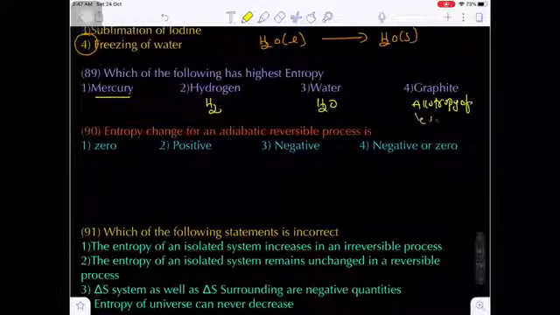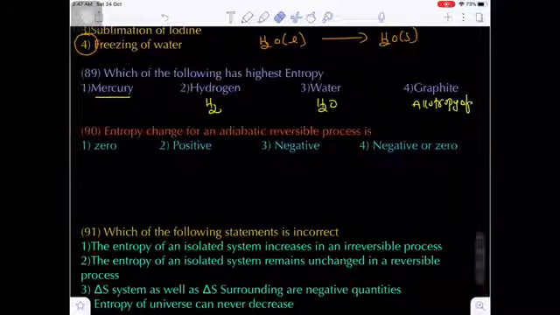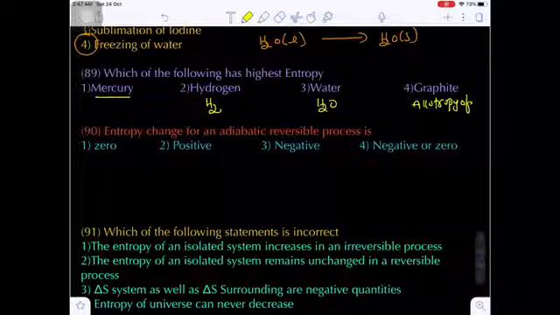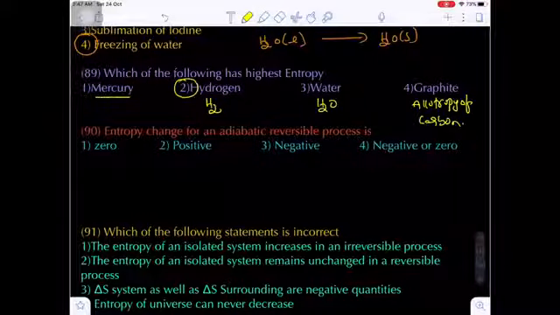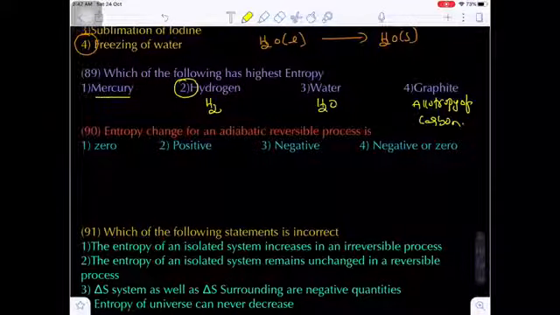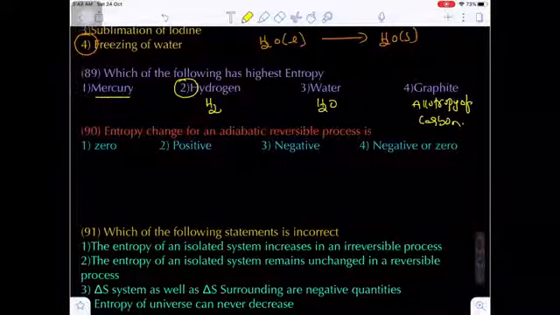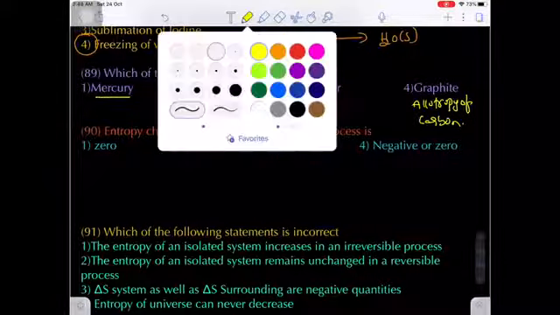Out of all these 4 options, which is a gaseous substance? That will be dihydrogen. So in dihydrogen there is more randomness, more degree of freedom. That's why H2 gas has the highest entropy among all these substances. Are you getting my point?